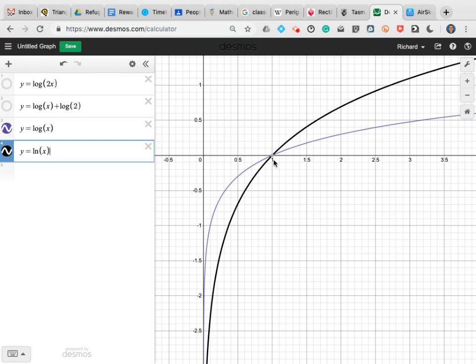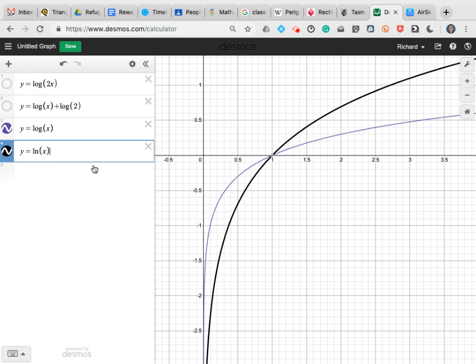Because regardless of what the base is, it'll cut through at 1 because log base a of 1 is always 0. Yeah? Okay, as usual, these are effectively parent functions. So this one I just typed in there, the black line, is the parent function for the natural log. This purple line here is the parent function for the log base 10.